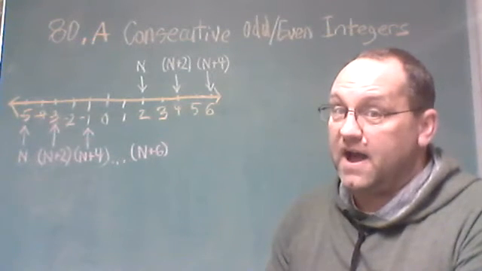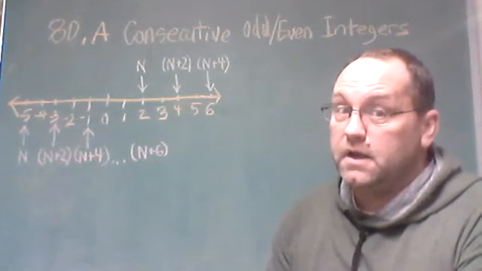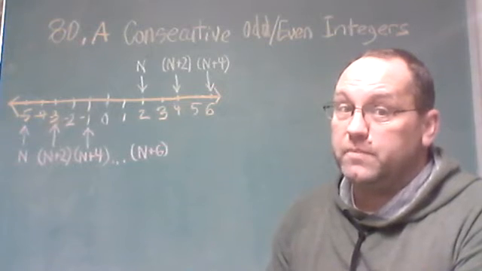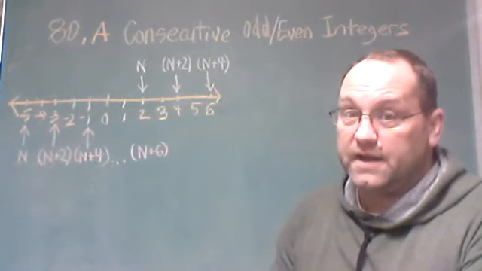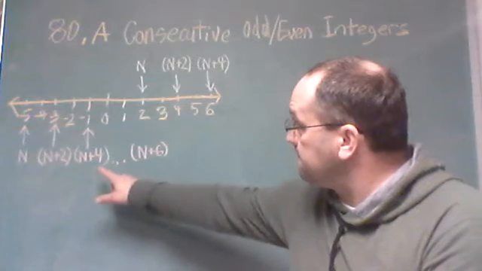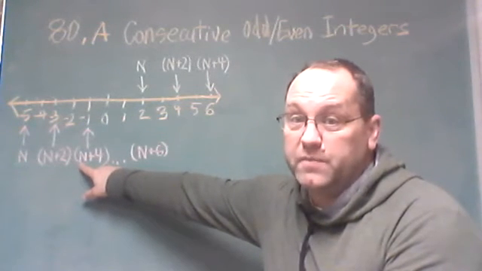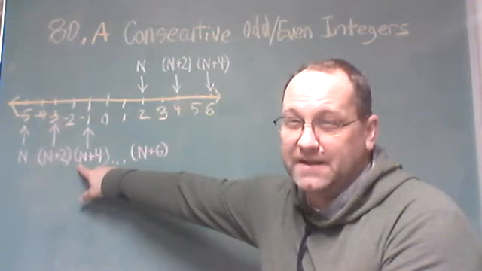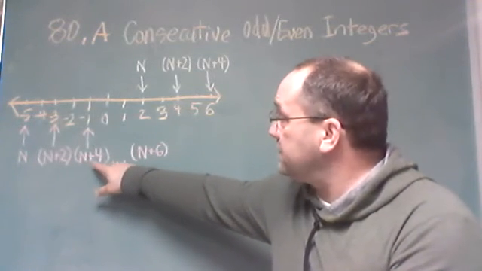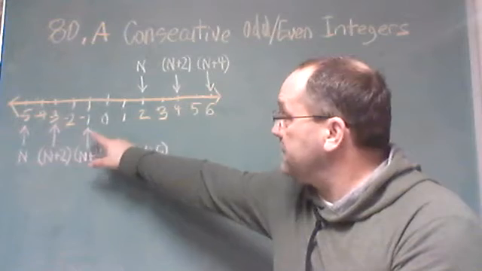So -5 plus 2 would be -3. The next one in line would be -1. That third odd integer would be expressed as the first one, -5 plus 4. That would give -1.